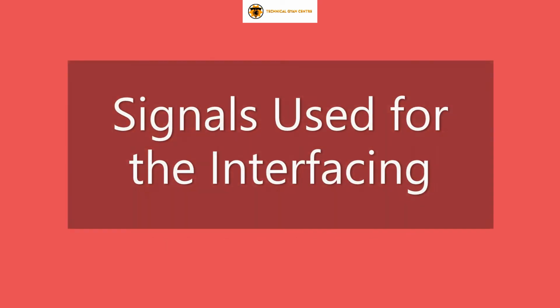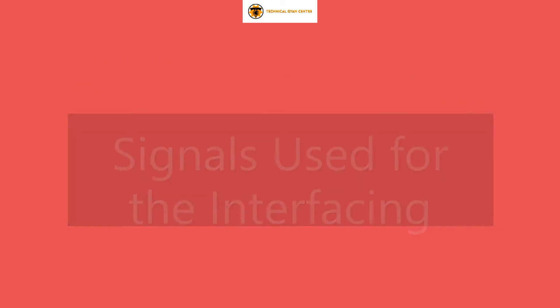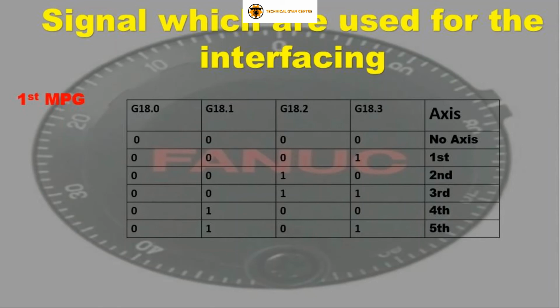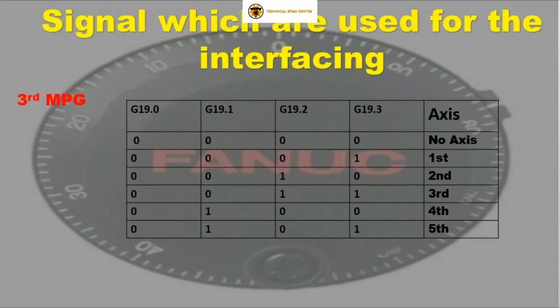Now we will see what are the signals which have to be used for interfacing. G18.0, G18.1, G18.2 and G18.3 for the first MPG. G18.4, G18.5, G18.6 and G18.7 for the second MPG. G19.0, G19.1, G19.2 and G19.3 for third MPG.